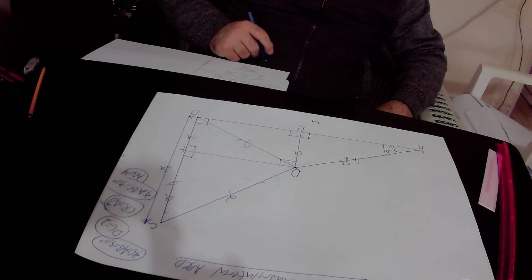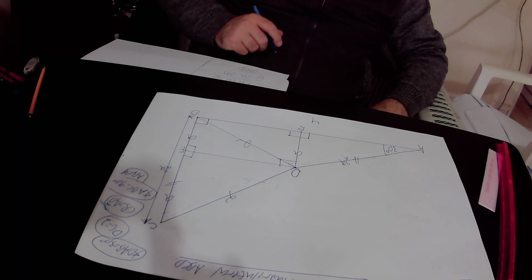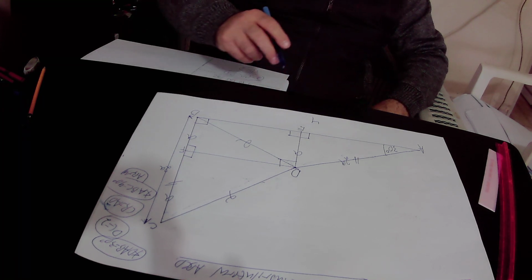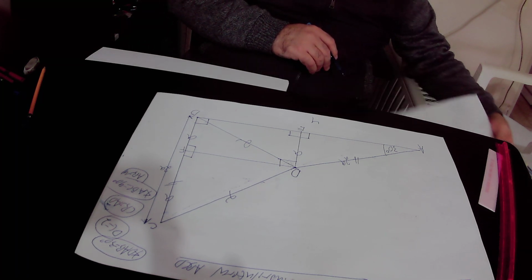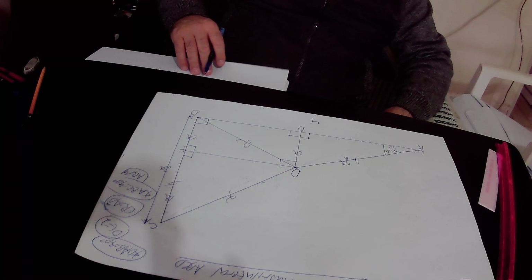In the next step, I will present to you a new rule, and we will implement the new law in triangle ADB. The new law is the law of cosines.